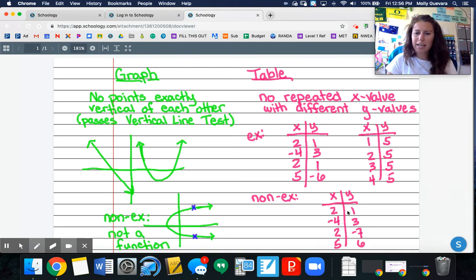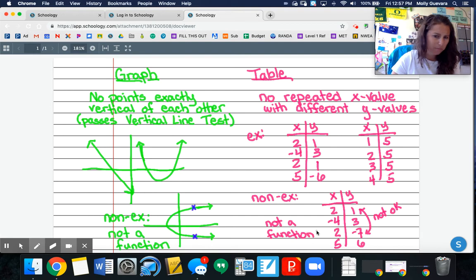So here, because I have a 2, 1 and a 2, -7, that is not okay. You cannot have an x value repeated twice with two different y values. So this is not a function. So hopefully that's making sense. You cannot have the same x value with two different y values.